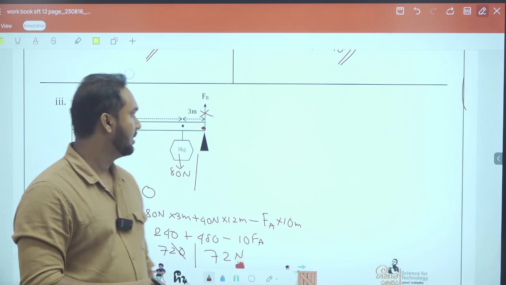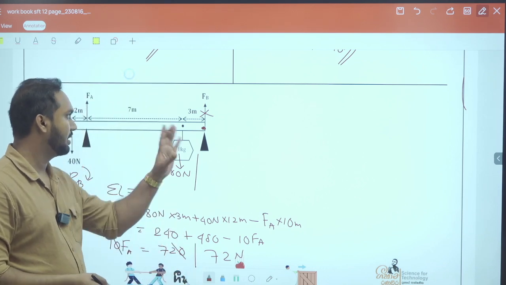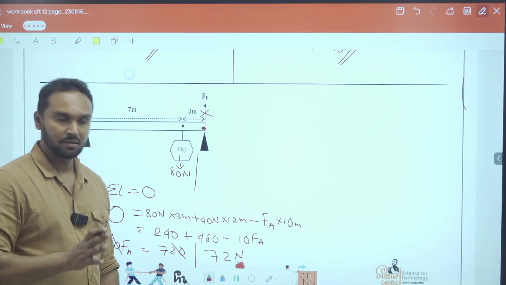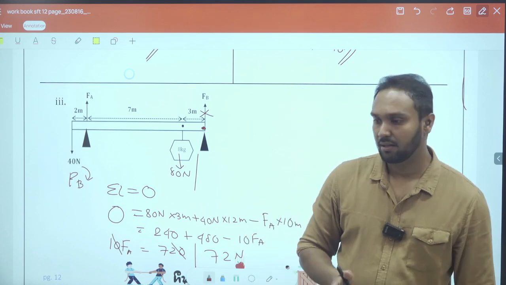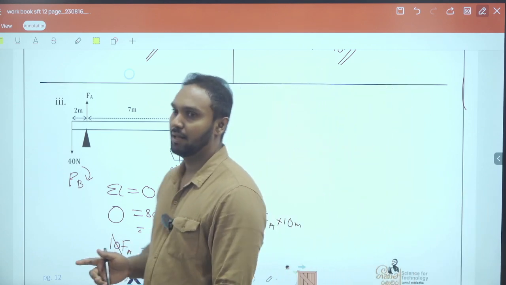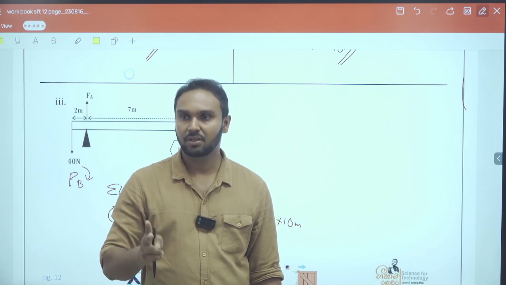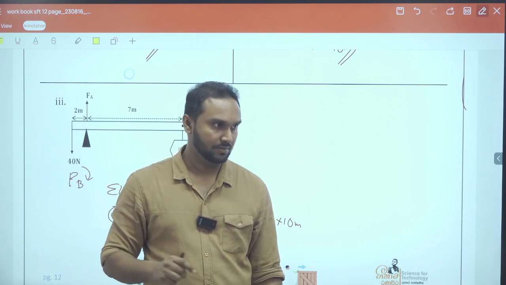So how are you going to find the FB value now? Since you know the FA value, you can take the pivot point from anywhere and find the FB value. And there's another method of doing it. We discussed at the starting that if an object is under equilibrium, there are two things to consider. One is the equilibrium of forces, the other one is equilibrium of torques, right?